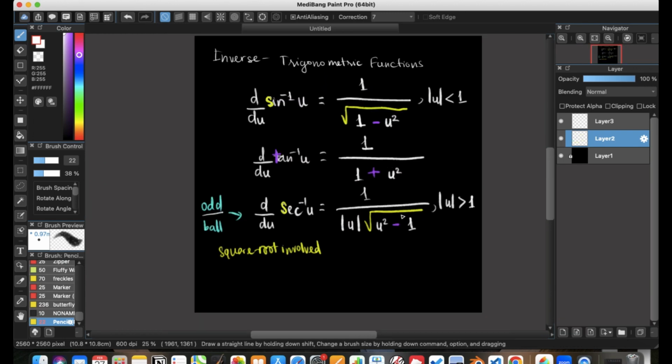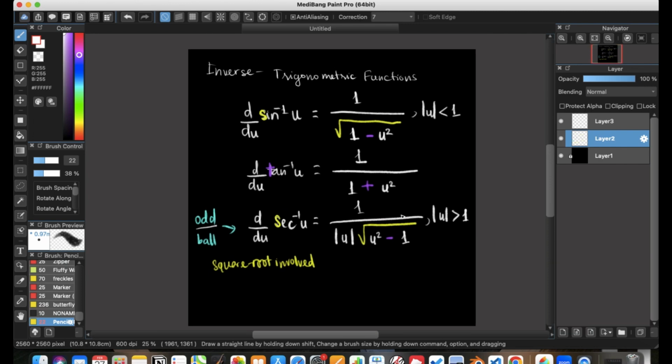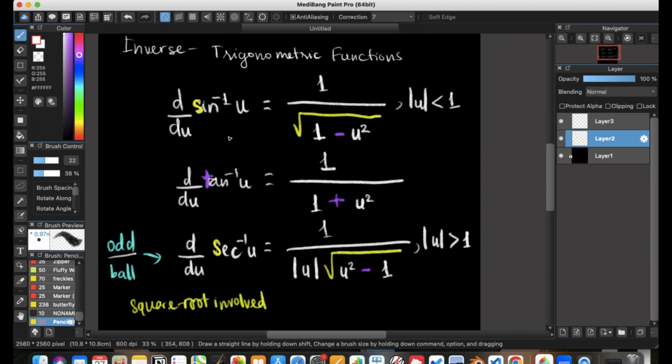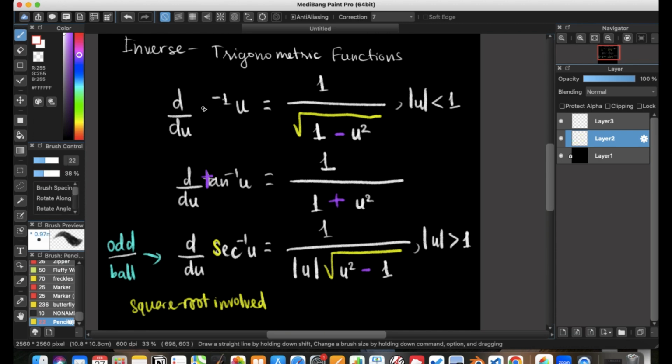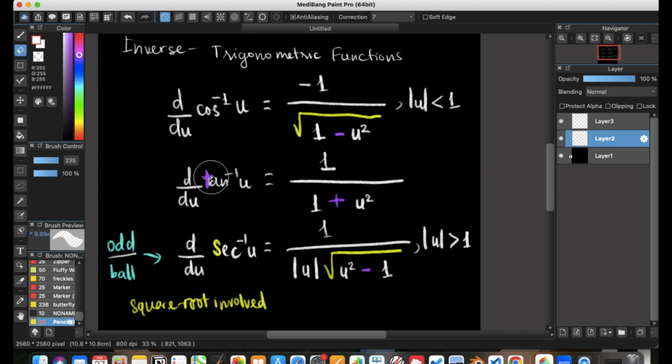Okay, so how about cosine, cotangent, and cosecant? We only need to add a minus sign for those functions, right? So let's say for inverse cosine, the only thing we need to do is add a minus sign.